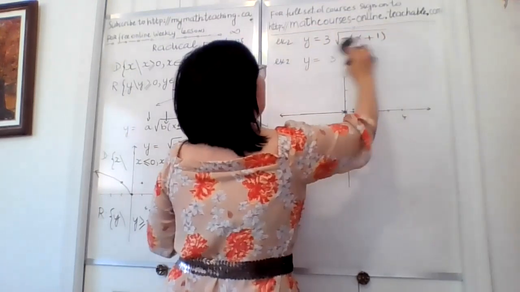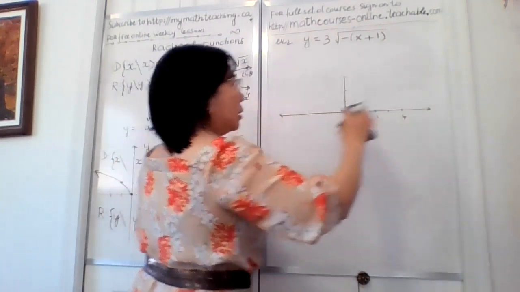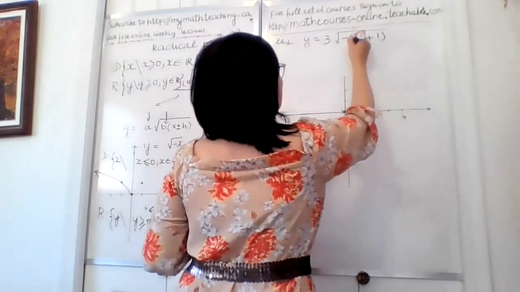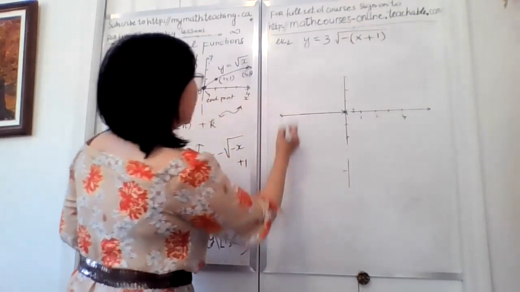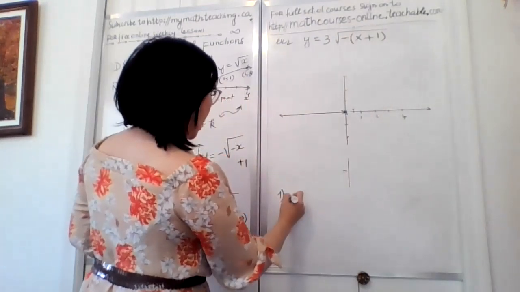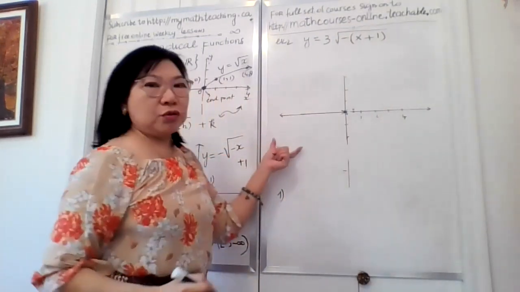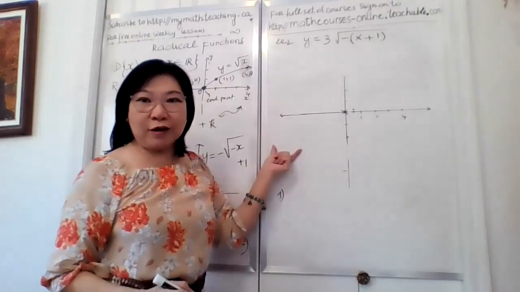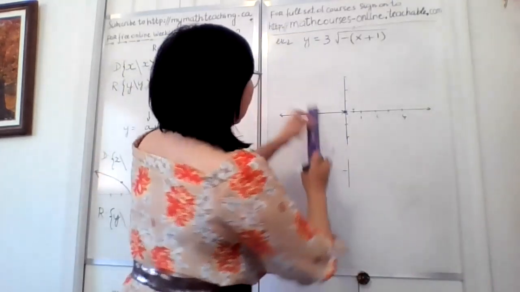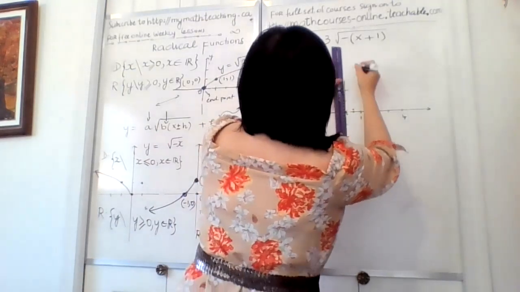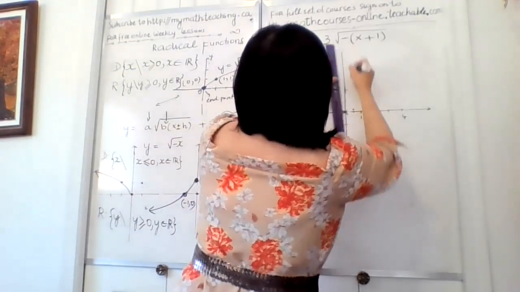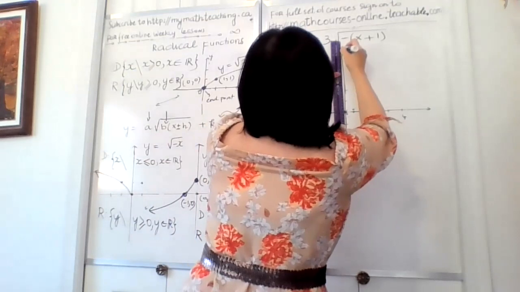So we know our transformation will be, let's talk about the transformation first. What transformation do we have here? Number 1, and make sure you know that we have to follow the order of the transformation.